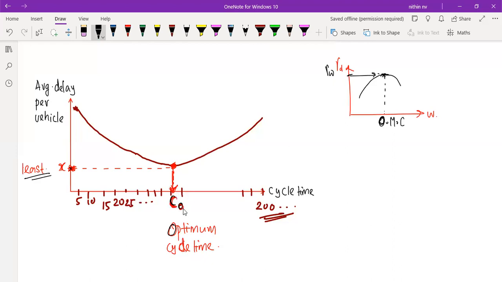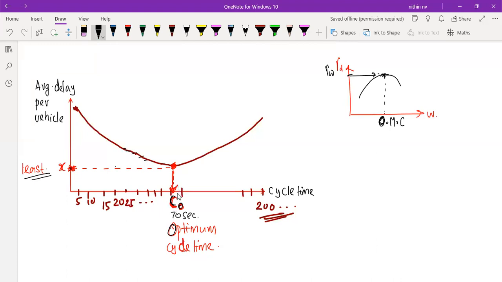So CO is what we are going to calculate. This is very important because, for example, let this value be 70 seconds. If you are a traffic engineer and you give a signal time less than 70, then obviously the delay will increase.